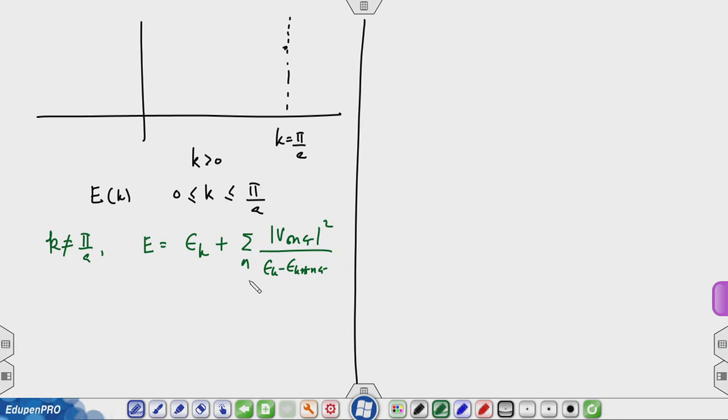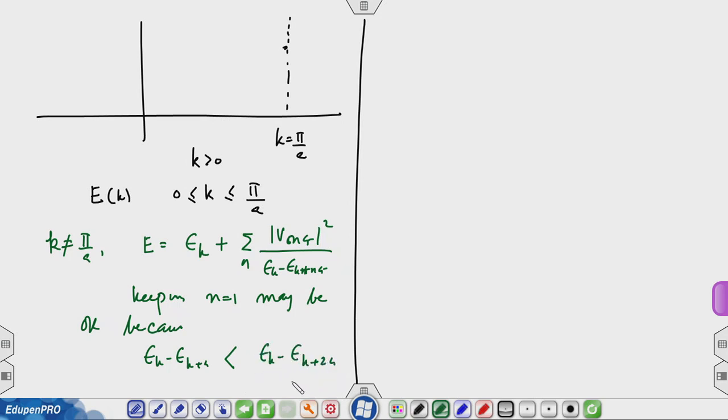So, this I can do, and keeping only n equals 1 may be okay, because E_k minus E_(k plus g) will be much smaller than E_k minus E_(k plus 2g) and 3g and so on.